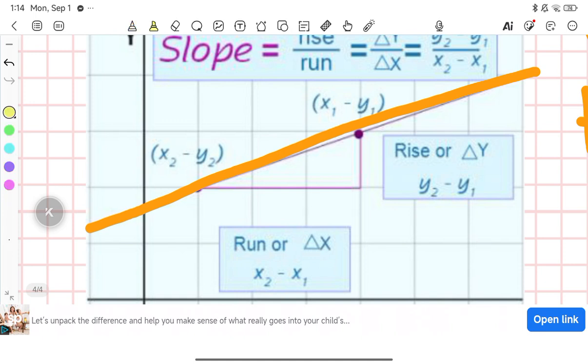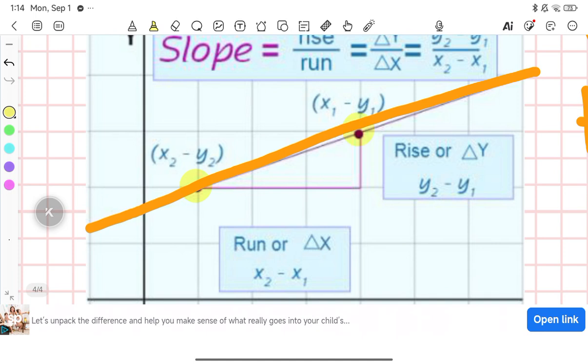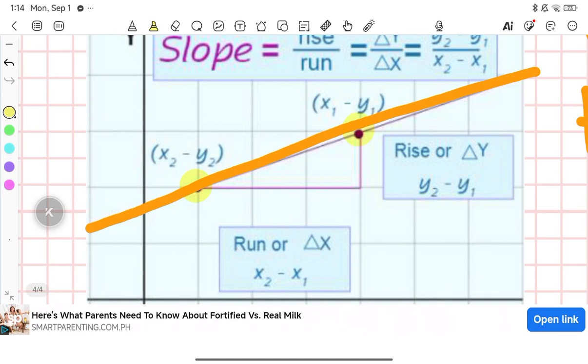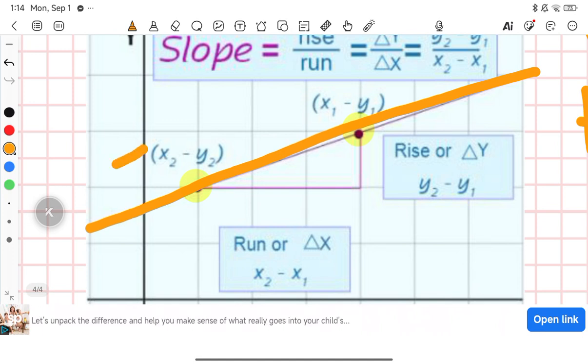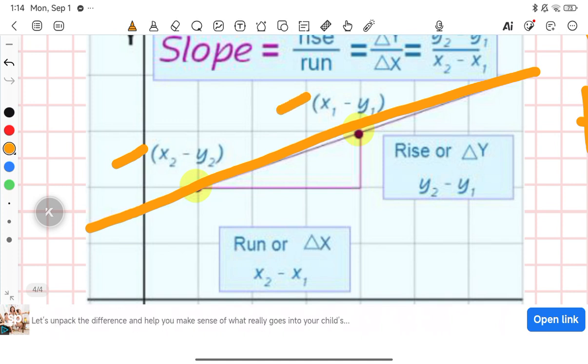And then we will assign 2 points. So, ito. Tapos ito. Yan. Si point number 1, ito siya, with x2 and y2 as our coordinates. Tapos, ito naman pangalawang point, si x1 saka si y1.